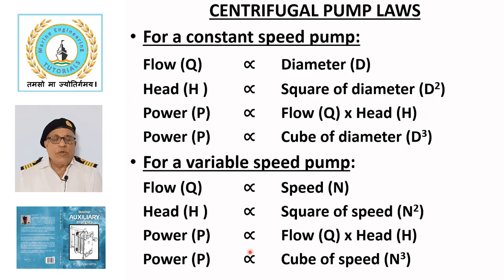Power P is proportional to flow Q times head H. As power required by the pump varies directly as the product of flow Q and head H, power P varies as the cube of the pump speed.